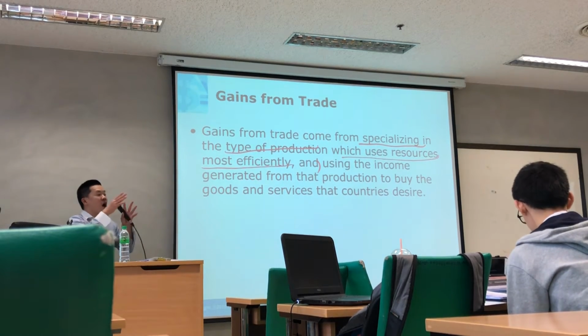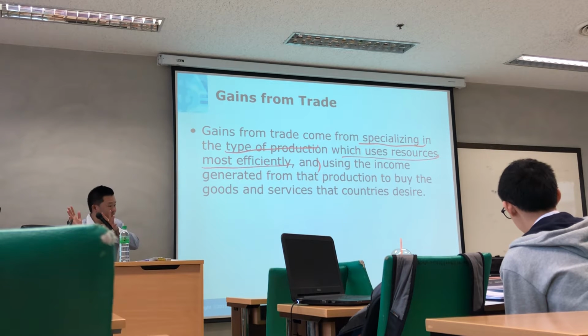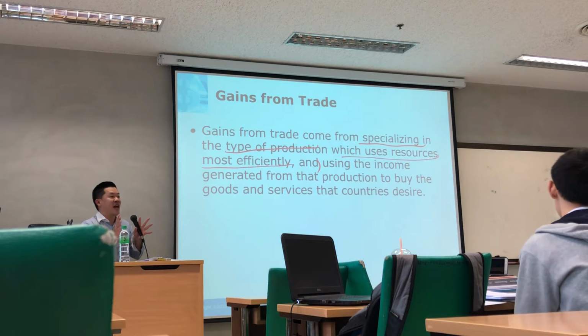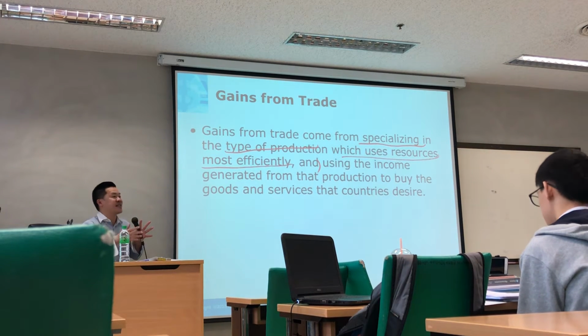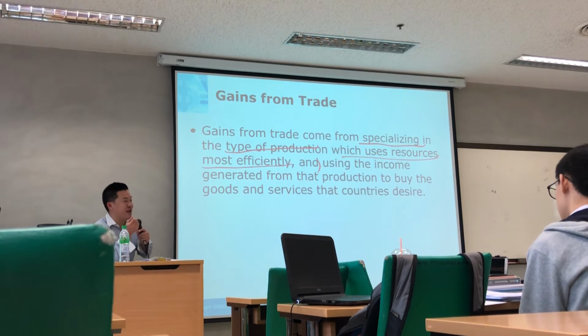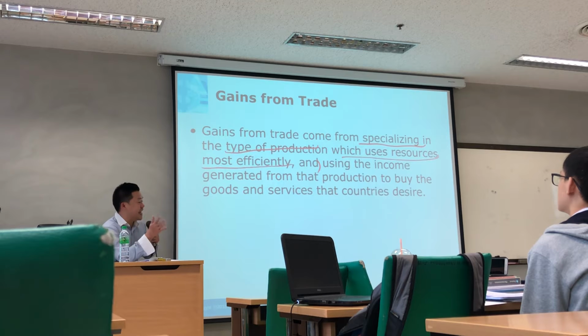So foreigners produce only what they have efficiently, right? Because home has comparative advantage in cheese, that's why home produces only cheese.